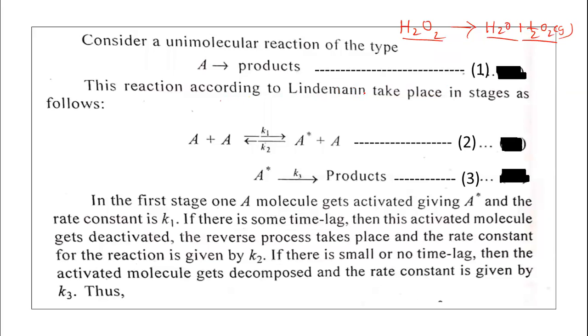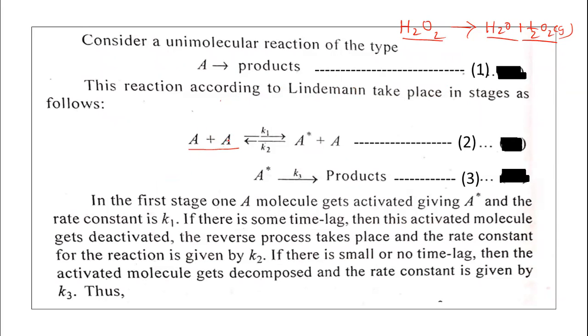According to Lindemann, this reaction takes place in stages. So what is the mechanism of this reaction? How can we apply the collision theory to the unimolecular reaction? In collision theory, collisions take place between the reacting molecules. So even though the reaction is unimolecular, a collision between the same molecules takes place.